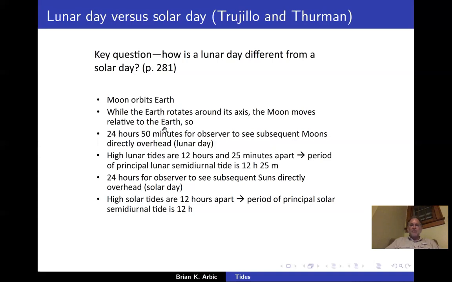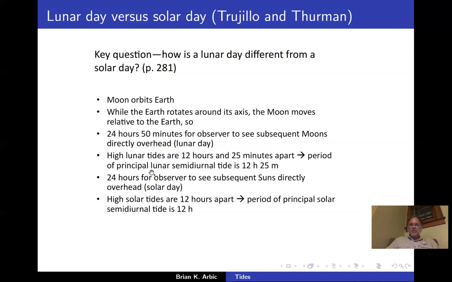So therefore, it ends up taking 24 hours and 50 minutes for an observer on Earth to see subsequent moons directly overhead. And so a lunar day, which is defined by looking at the moon, is 24 hours and 50 minutes. And that means that the high lunar tides are 12 hours and 25 minutes apart.